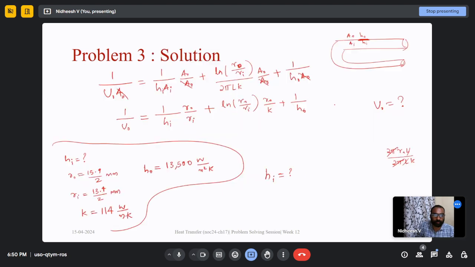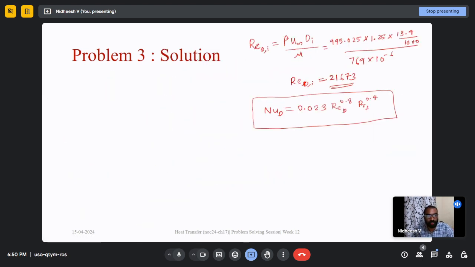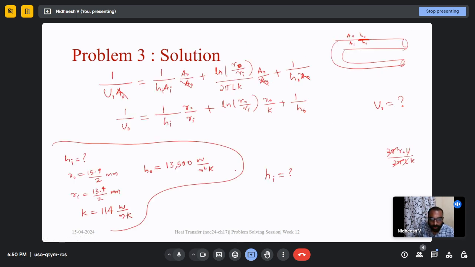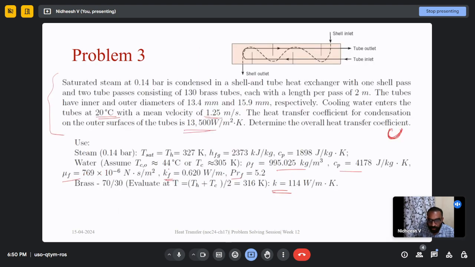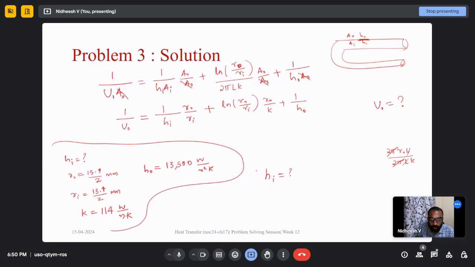That is why the factor 0.4 is here. If it was a cooling of the fluid, this factor would be 0.3. Can someone evaluate what the value of the Prandtl number is for the fluid? Prandtl number for the fluid is 5.2.